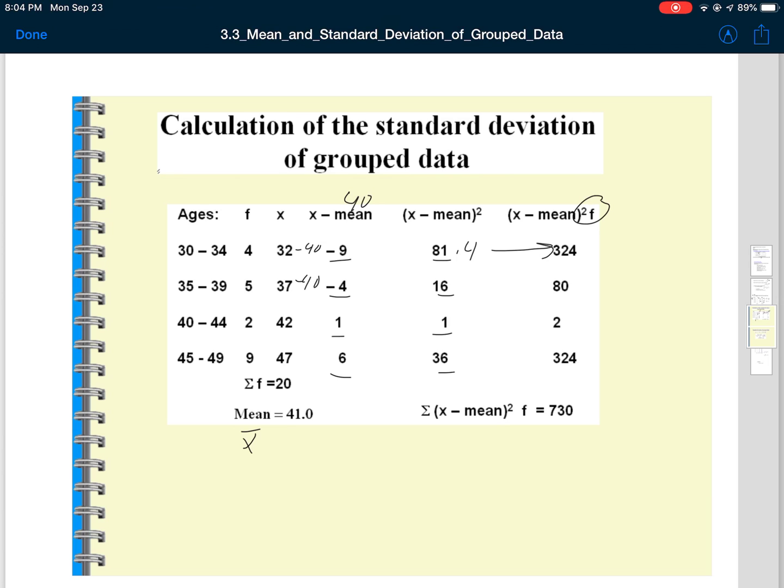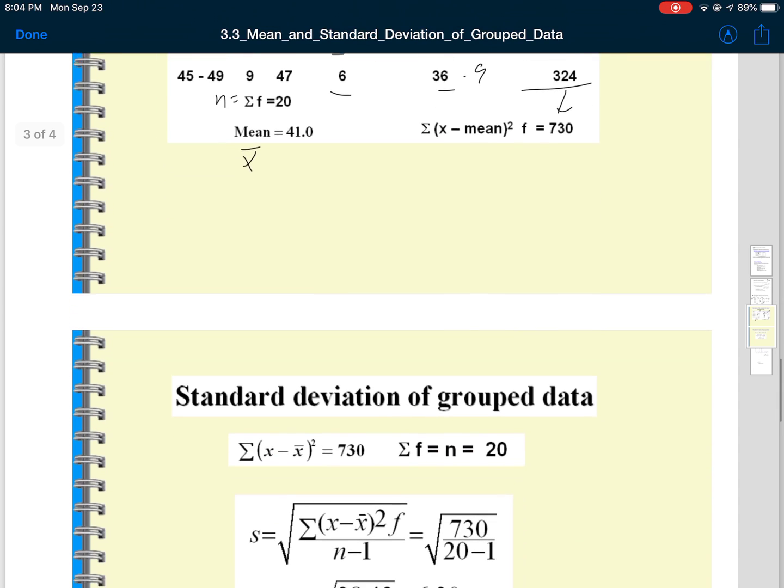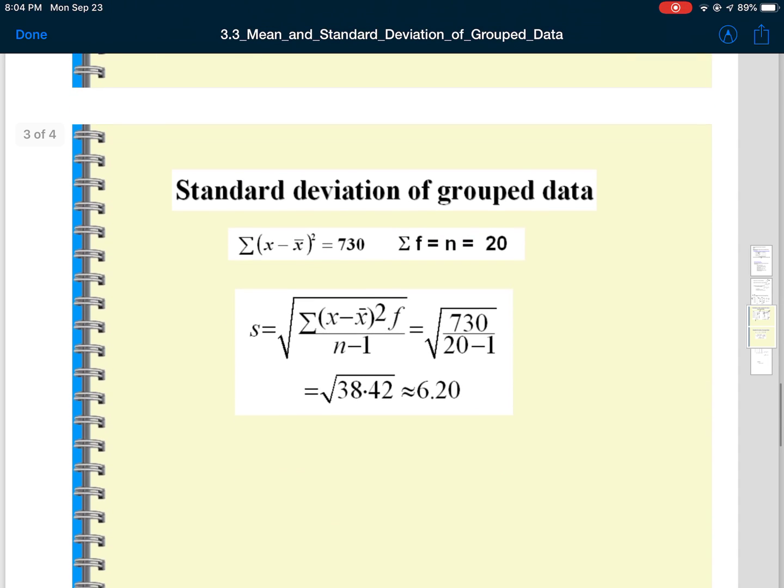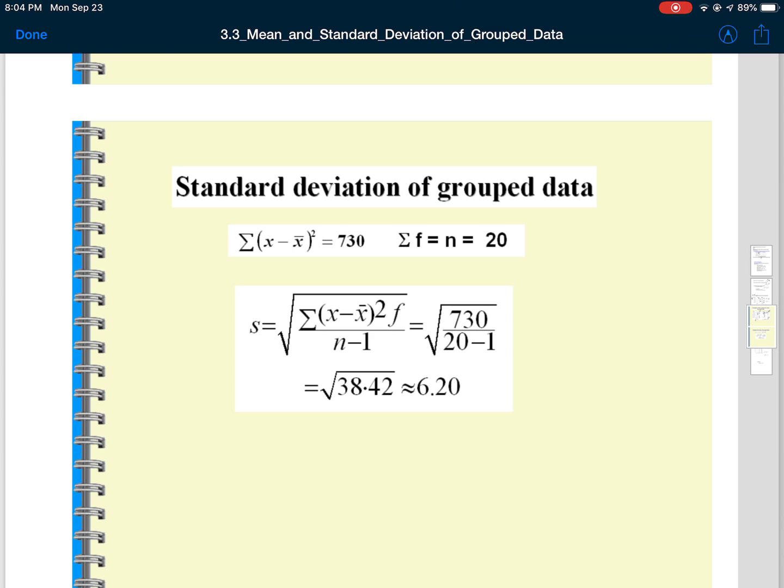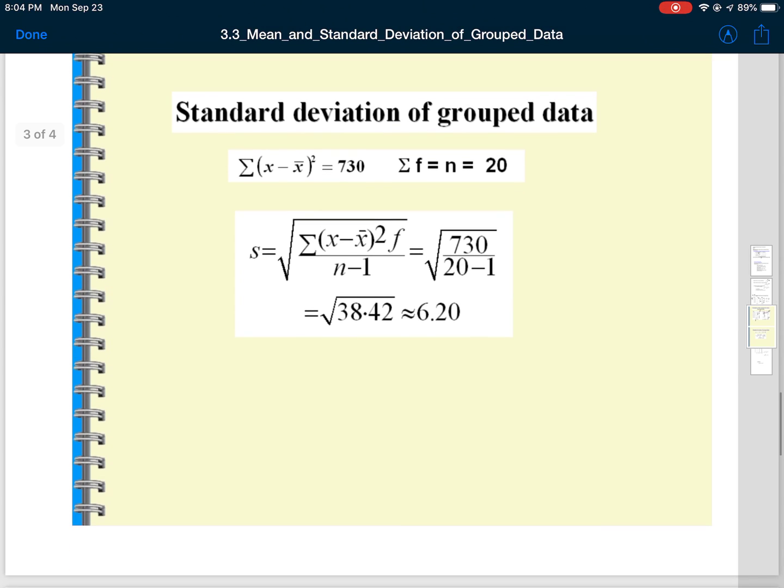That's how I get 324. Do the same for the others with 5, 2, and 9. And then I'm going to find the sum of that, and there's 730. Remember n is the sum of the frequencies, so it's 20. So I'm going to take that 730 and divide by 19, take the square root, and I get about 6.2, and there's my standard deviation.